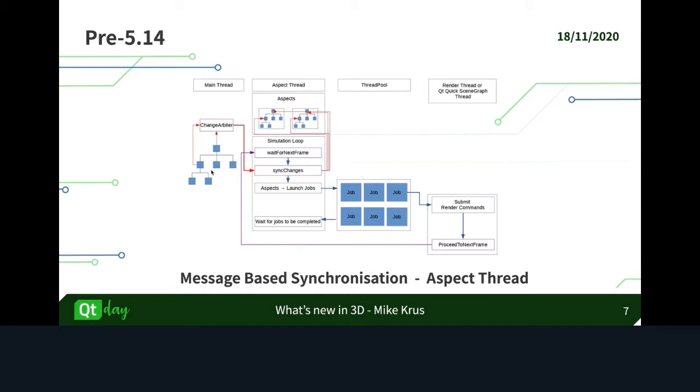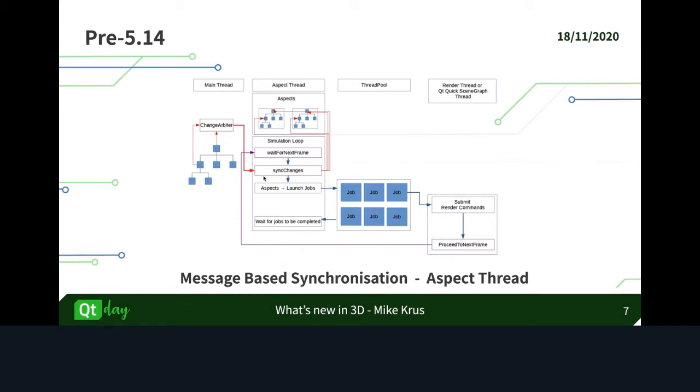This was designed this way because it's essentially lock-free, apart from the synchronization around the thread pool and the thread-based primitives we use to handle the message queues. So essentially very little locking. However, there is a fair amount of synchronization between the threads, and there's also a lot of memory allocation.